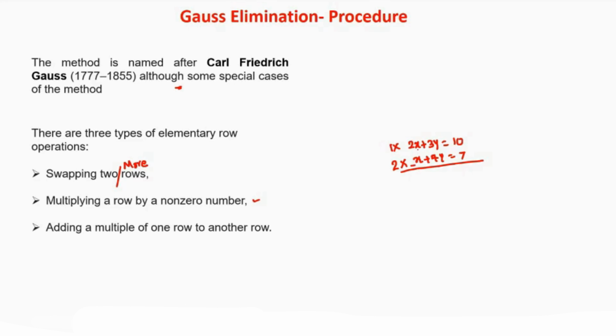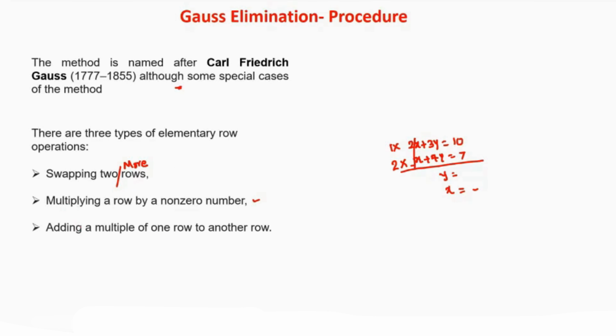So 2x gets cancelled, and this is how you get the value of y, and then substitute the value of y in any one of the above equations, and you will get the x value.